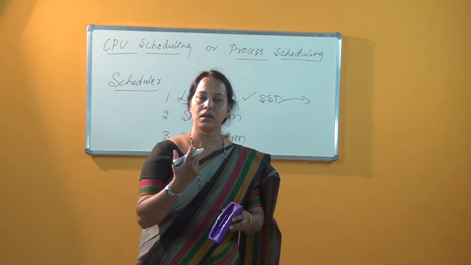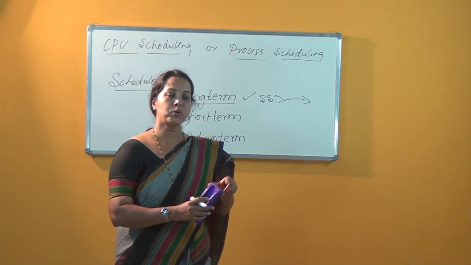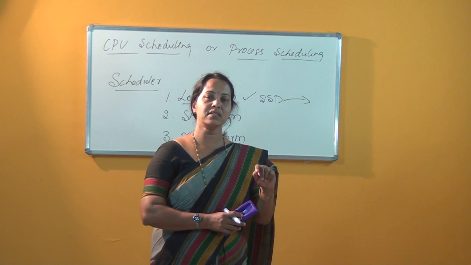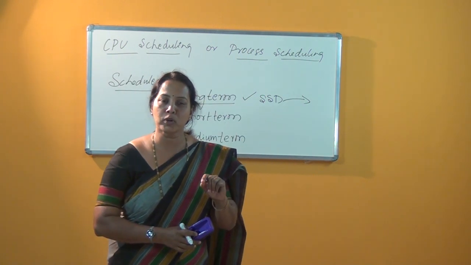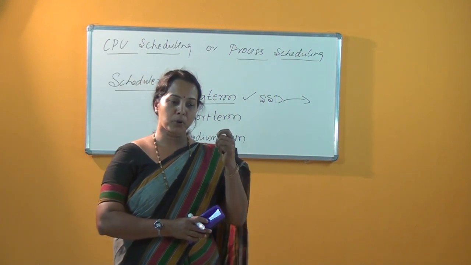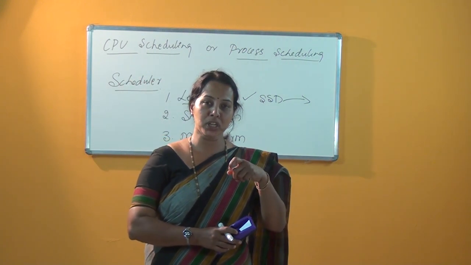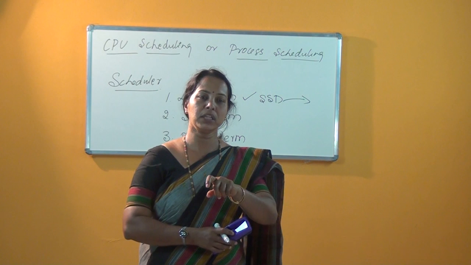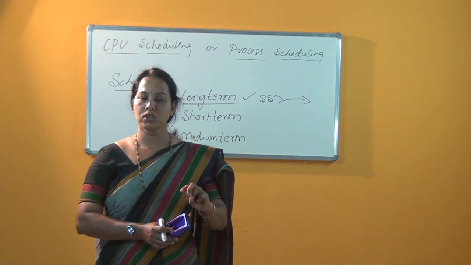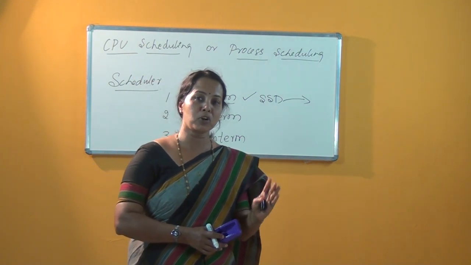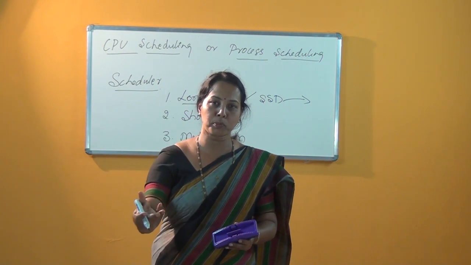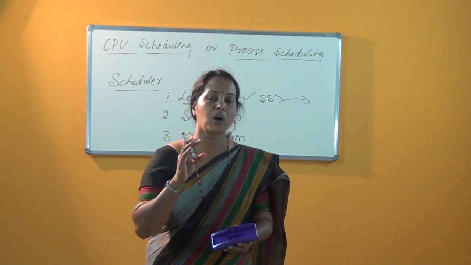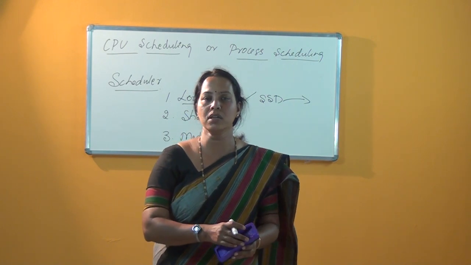It selects both input output bound processes and CPU bound processes. A CPU bound process is a process where the computation is more than the input output operation. Whereas an input output bound process is a process with more input output operation than computation, or less usage of the CPU.